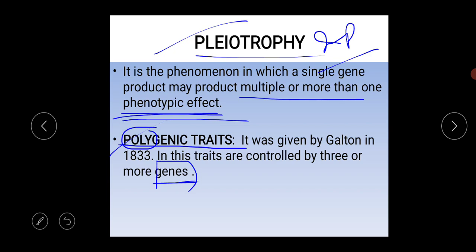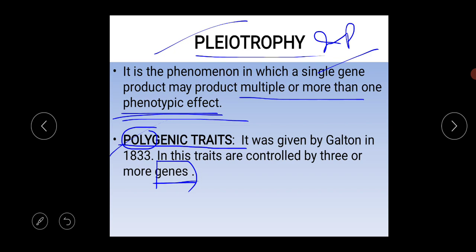One example is human skin color. Human skin color is controlled by and caused by melanin pigmentation. There is a chemical pigment, melanin, present in the skin. The quantity of melanin is formed due to 3 pairs of polygenes, like A, B and C. So the A gene, B gene and C gene all control the melanin formation, the melanin pigmentation.